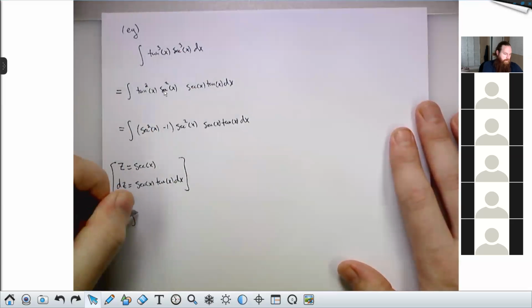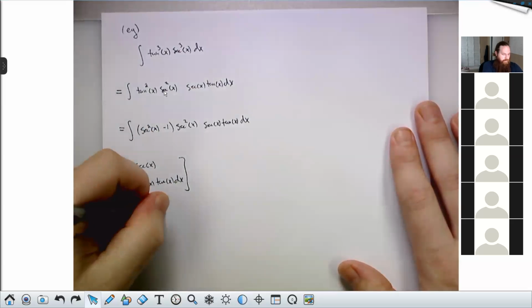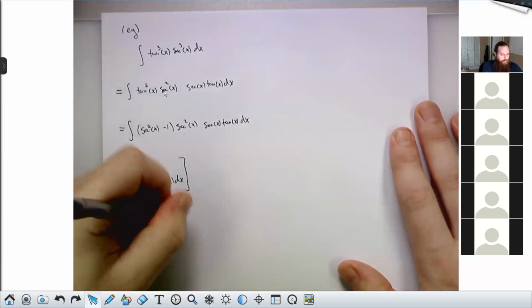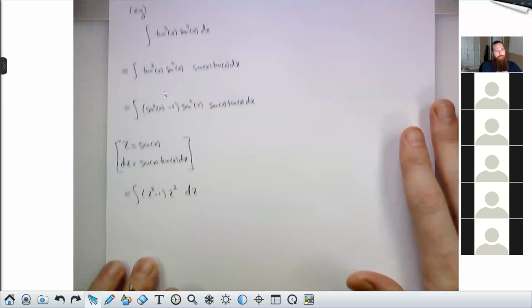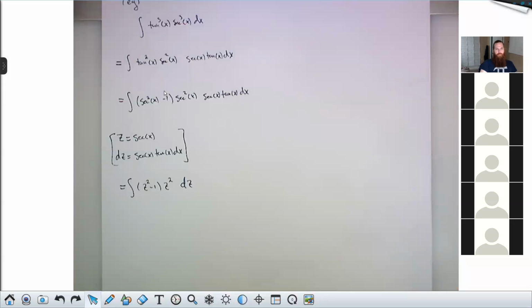And the result will be the integral of z squared minus 1 times z squared times dz. So we're golden. And then I'll distribute and rewrite my polynomial in standard form and integrate.